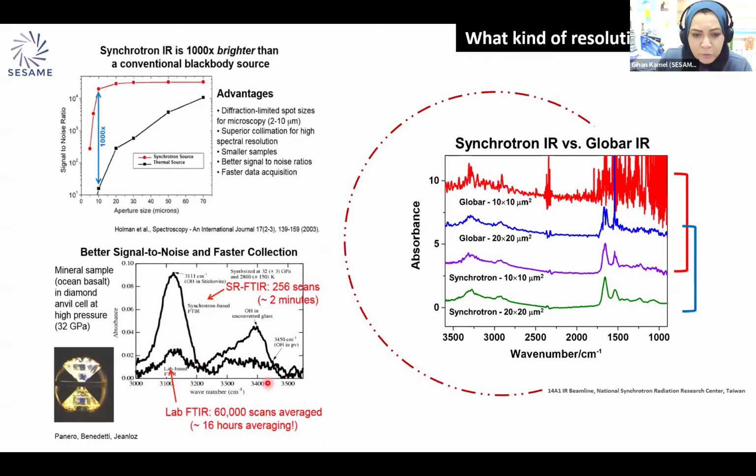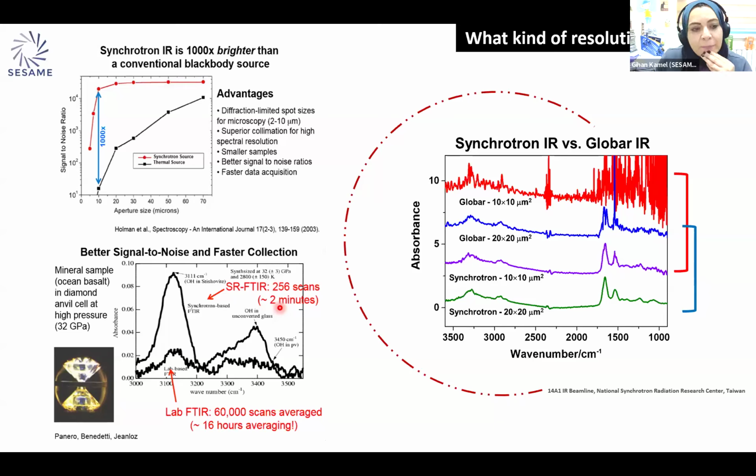The very noisy one below is a spectrum collected with the conventional globar FTIR, and that's the result of 60,000 scans in 16 hours average. But the one above is a spectrum of the same sample, same conditions, collected with synchrotron, and it's 256 scans only in almost 2 minutes.